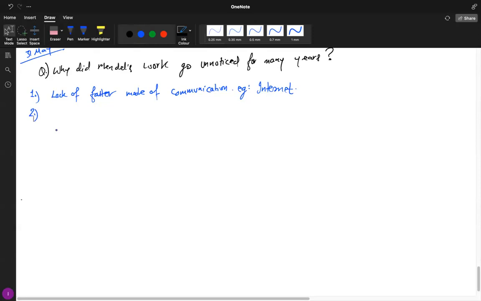Why do people not accept something? Maybe his theory had some errors. Okay, it had some limitations and some exceptions, but what he said was correct. That's why we are studying it right now. So his theory was not wrong. It did not have errors. It has some limitations; it was not applicable to everything.